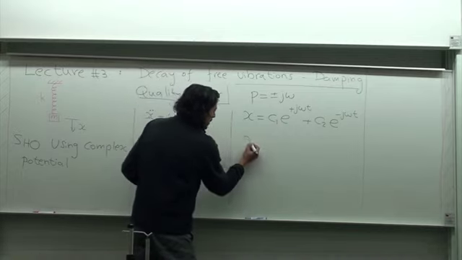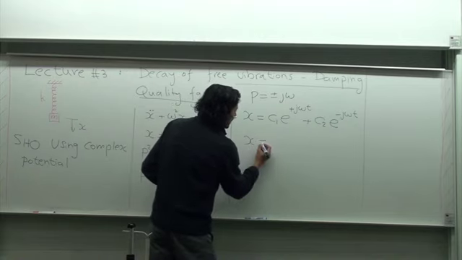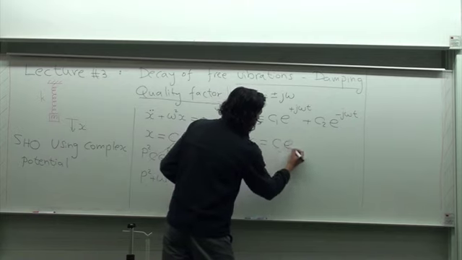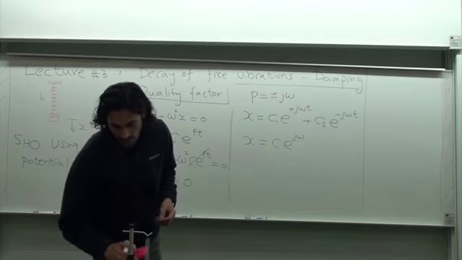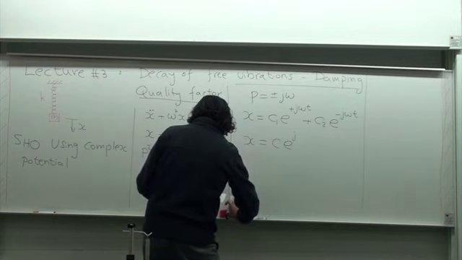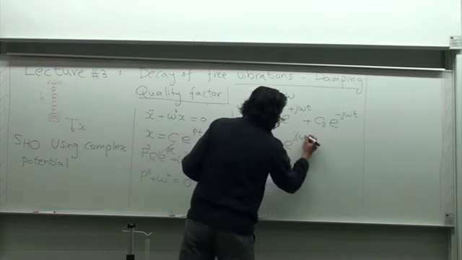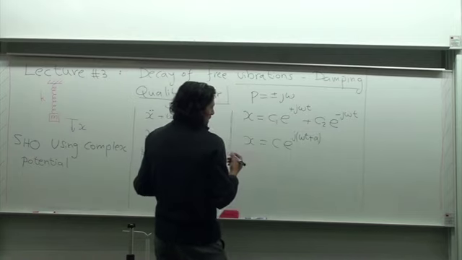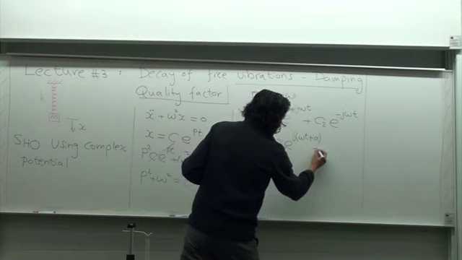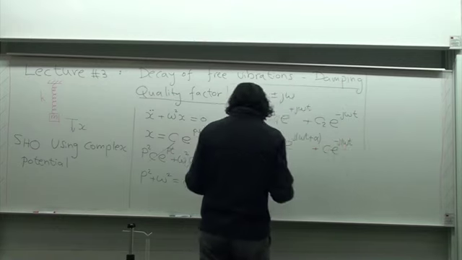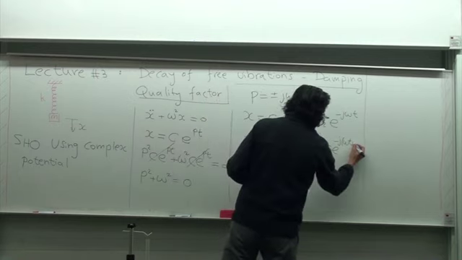Now if C1 and C2 are the same, and we introduce the phases, we can have c e to the power j, omega t plus alpha is the phase, plus c e to the minus j omega t plus alpha.